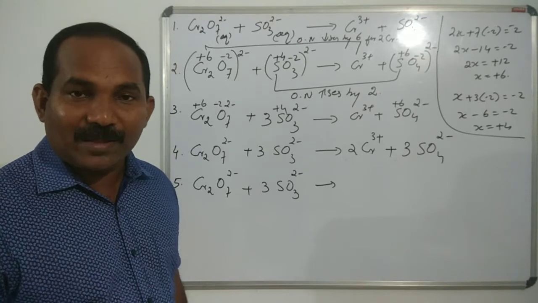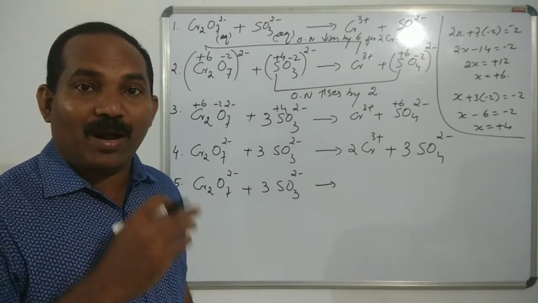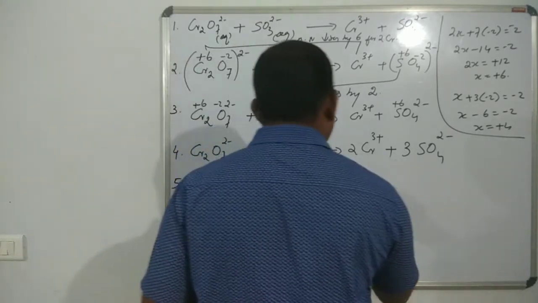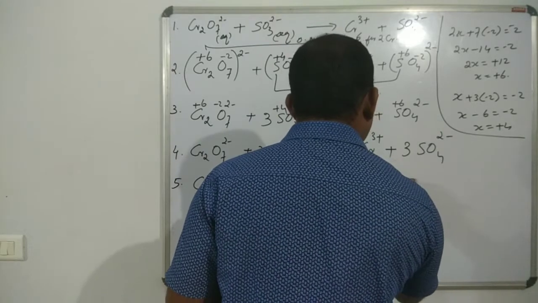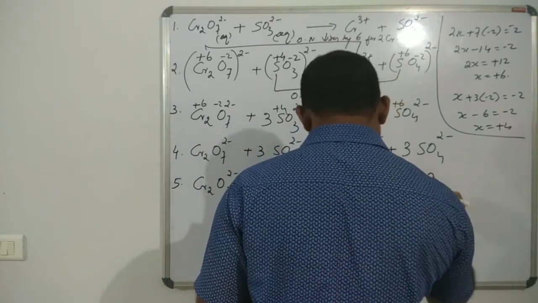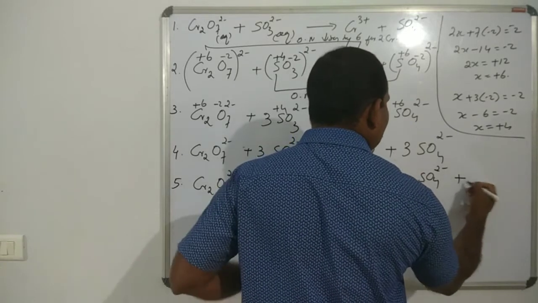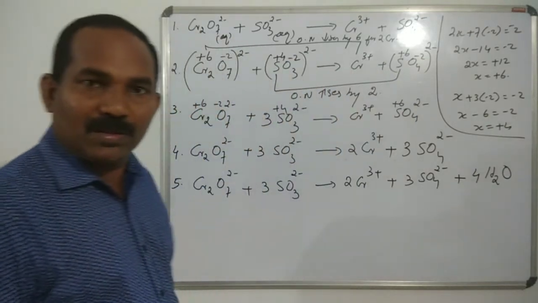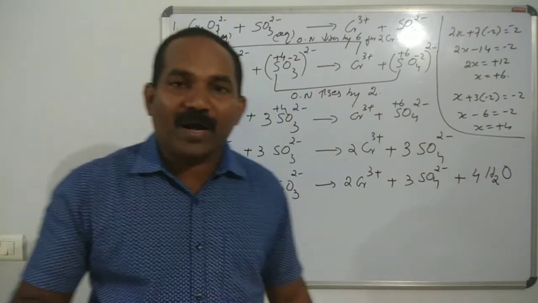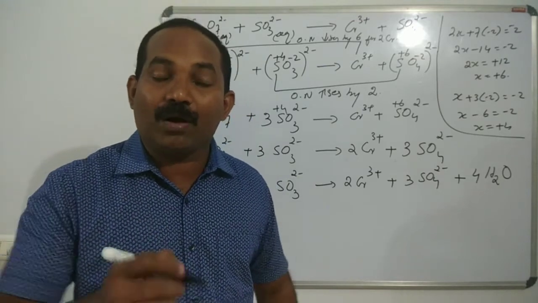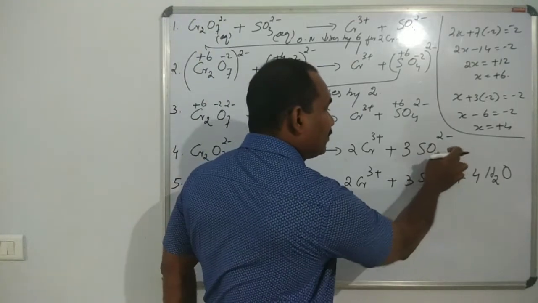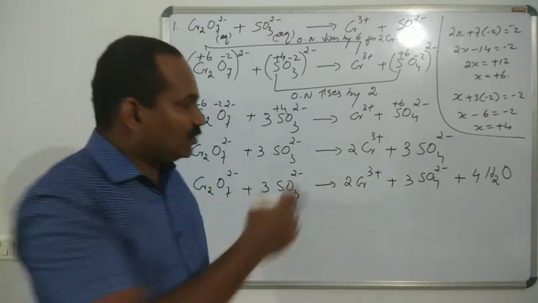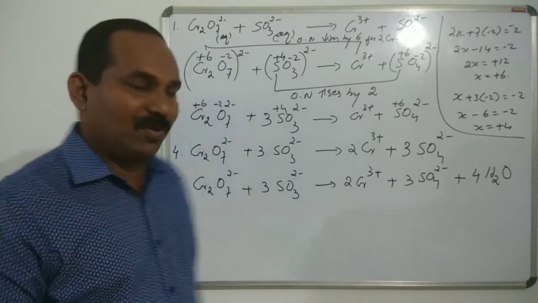So what is the rule? To make up oxygen, add appropriate number of water molecules in the deficient side of oxygen. So 2Cr3+, 3SO4 2-, plus 4H2O. Right side there is deficiency of 4 oxygen atoms. So you just add 4 water molecules.